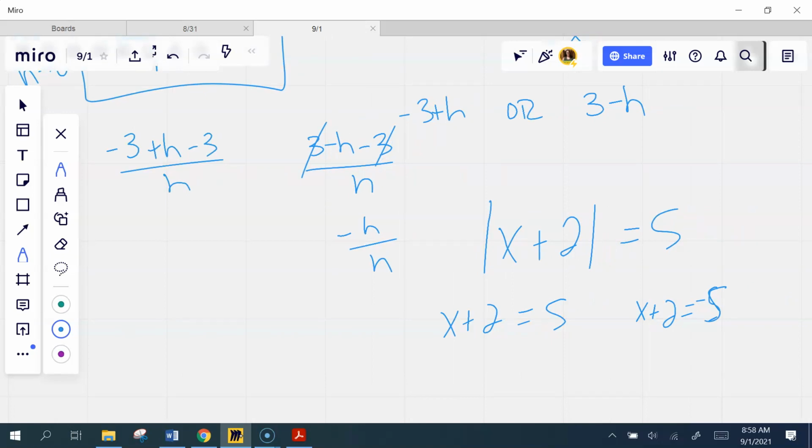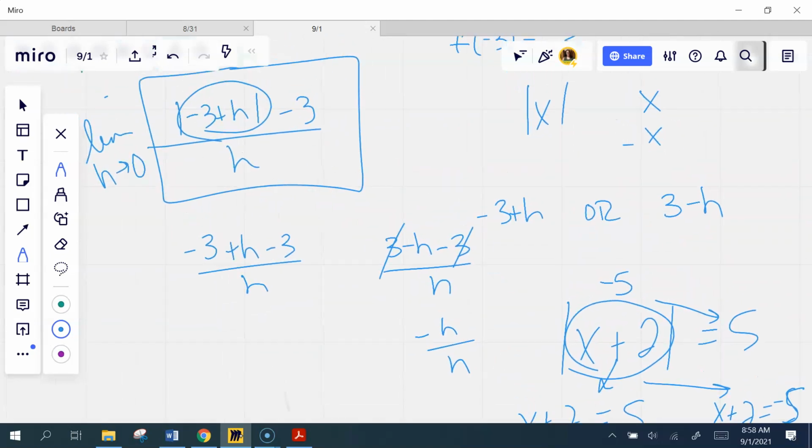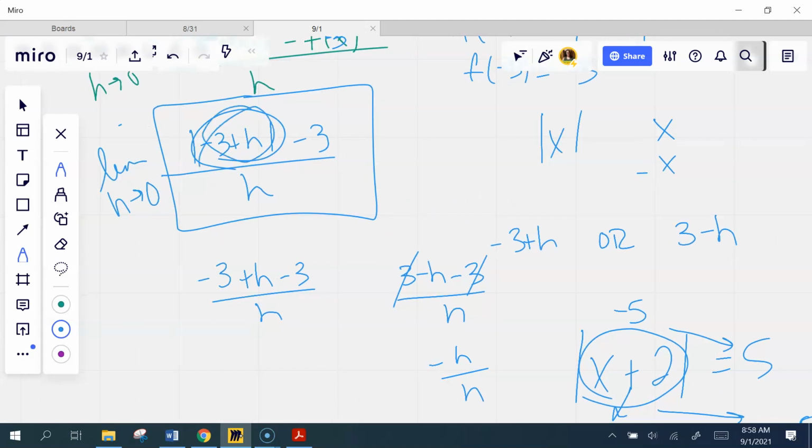Okay, the definition of absolute value is that it can be positive or negative and it spits the same thing back out, right? So if I just drop the absolute values and solve, that'll give me one answer. But if what's inside gives me negative 5, it's still going to spit out a positive 5. So I have to take that into account, so I'll also set it equal to negative 5. So this is the same concept. What is absolute value?